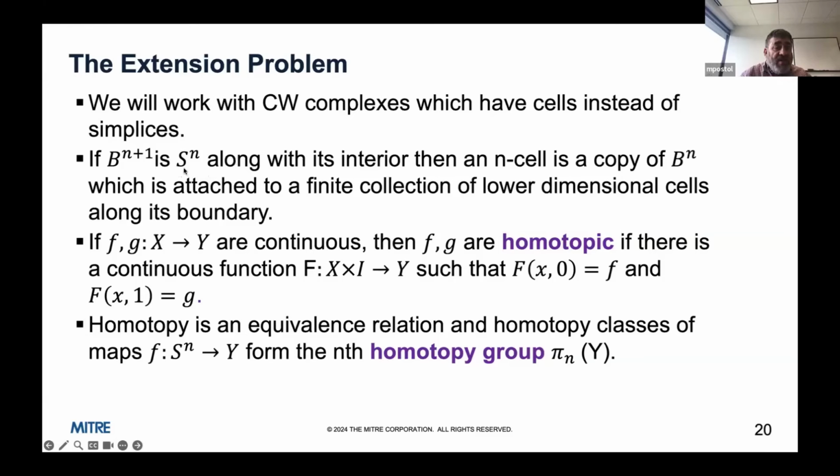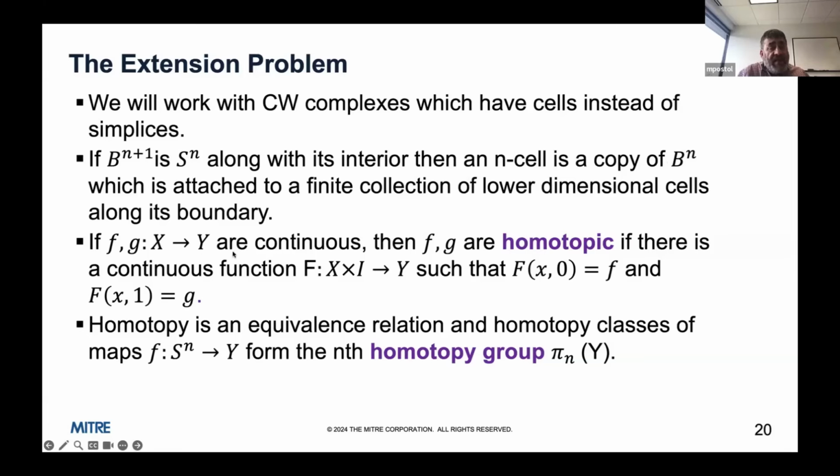So B^(n+1), which is S^n along with the interior, is an n-cell. So an n-cell is a copy of B^n attached to a finite collection of lower dimensional cells.